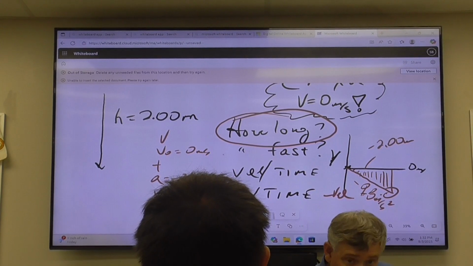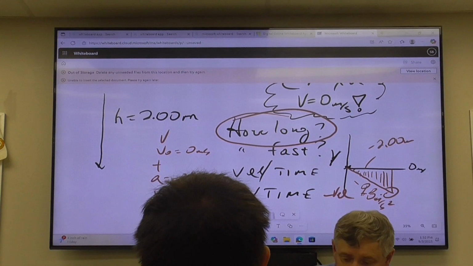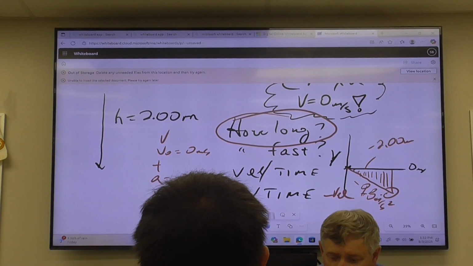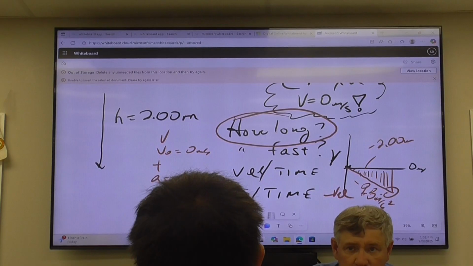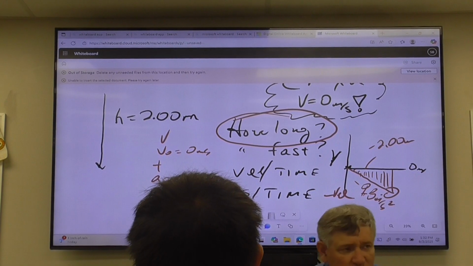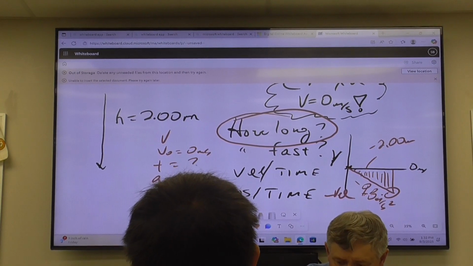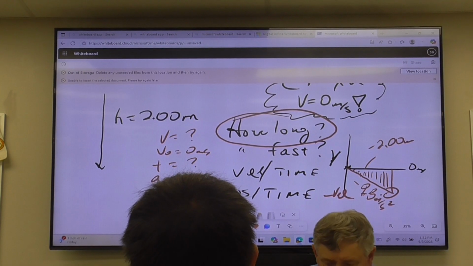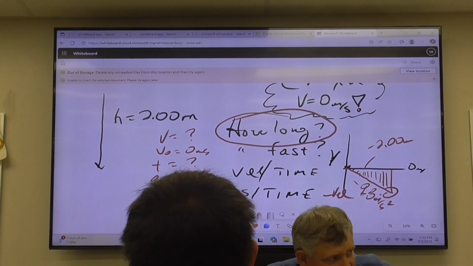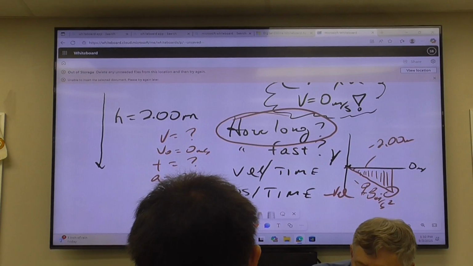I'm not throwing it, I'm just dropping it. What do you got for any other variable? Distance. I'm just going to put this as 2 meters for now. We'll deal with that later. Time is an unknown, and my final velocity at impact is my unknown. So let's deal with time first.